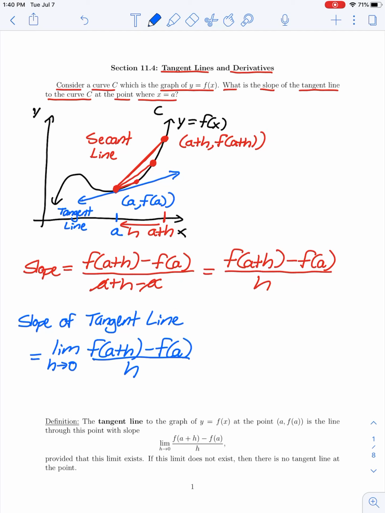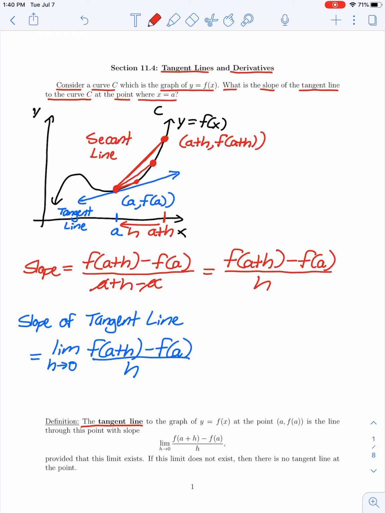So here, the slope of our tangent line is the instantaneous rate of change of our function at x equals a. It's defined in terms of the same limit that we were looking at in our previous section. So we've been discussing informally what a tangent line is. So formally, what is a tangent line?